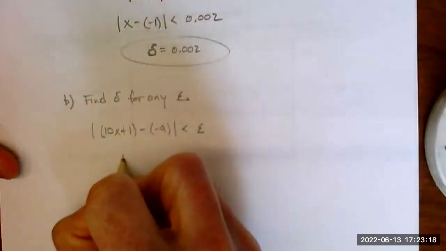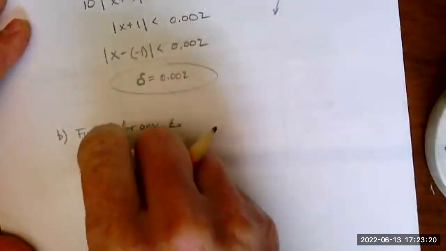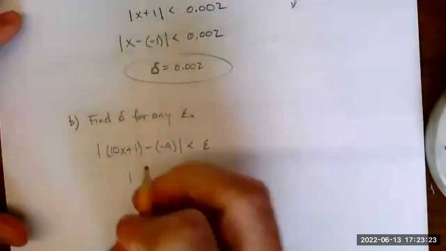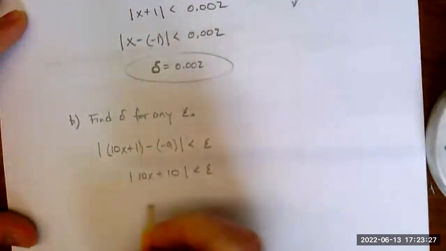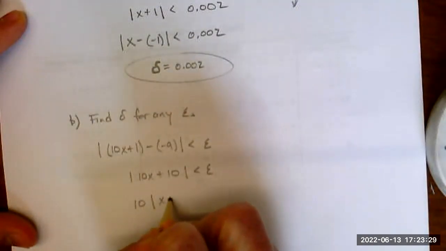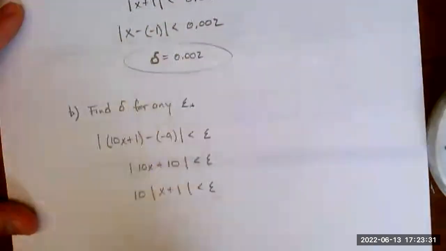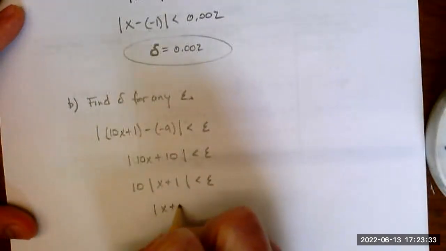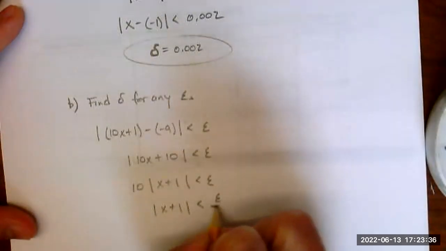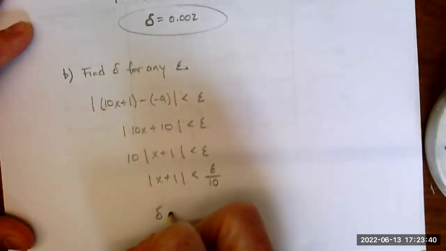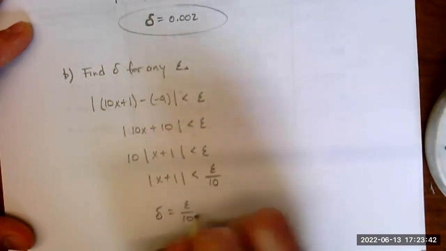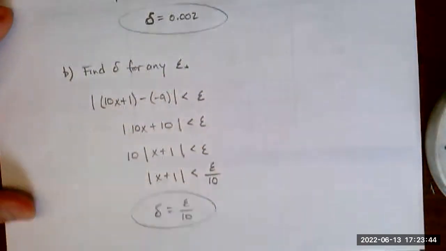From here, it's going to feel very similar. 10x plus 10. Factor out the 10. Divide. And there we go. Epsilon over 10. Got it.